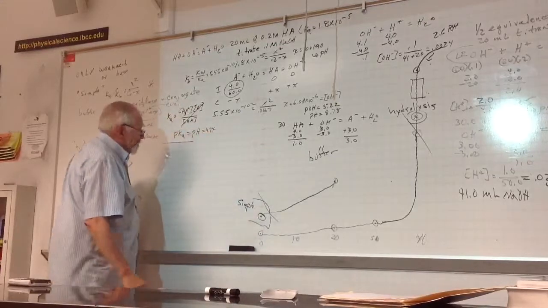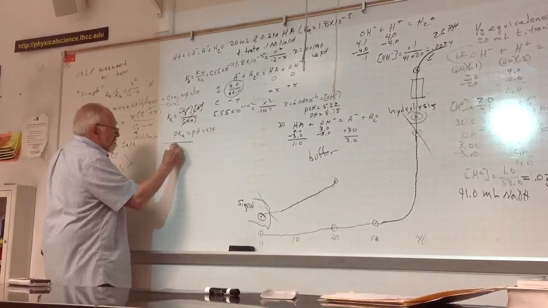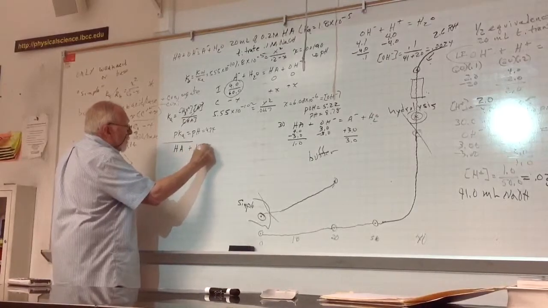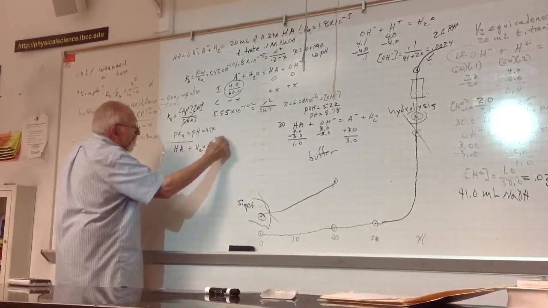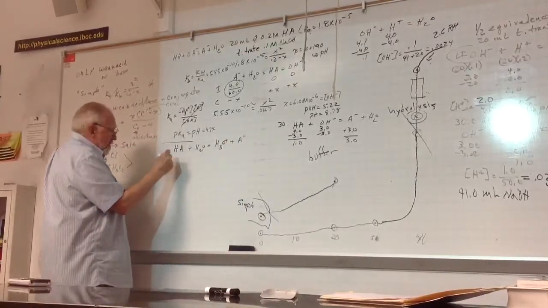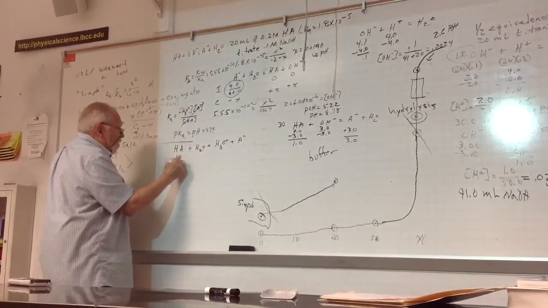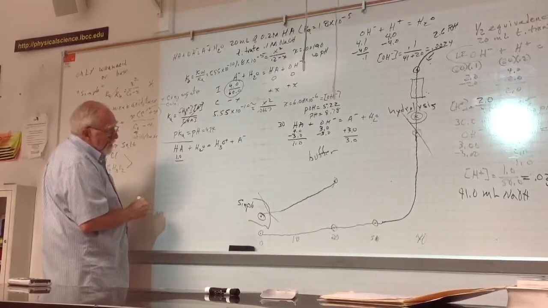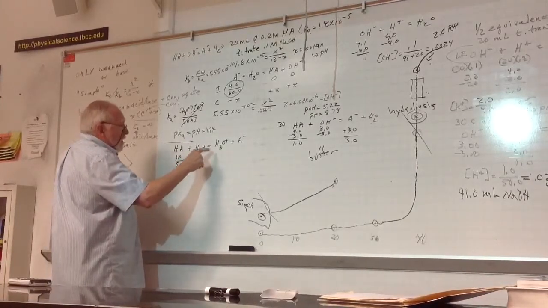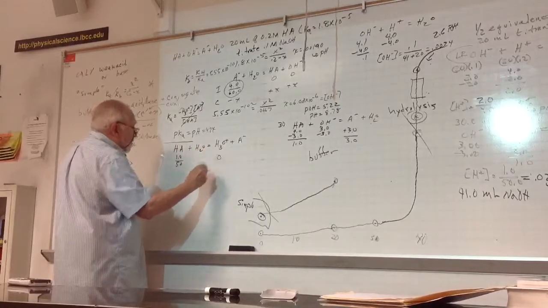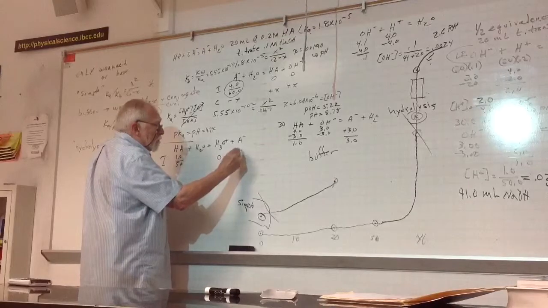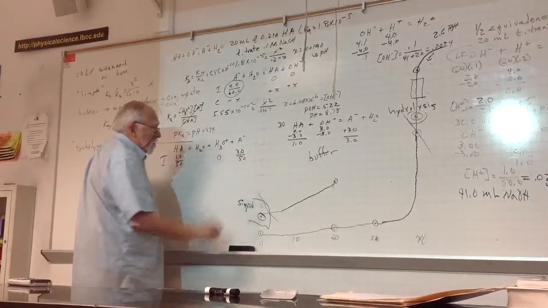Now what I have to do is my dissociation reaction. My initial here is 1.0. I've added 30 milliliters to the 20, 50. The hydrogen ion, 0.